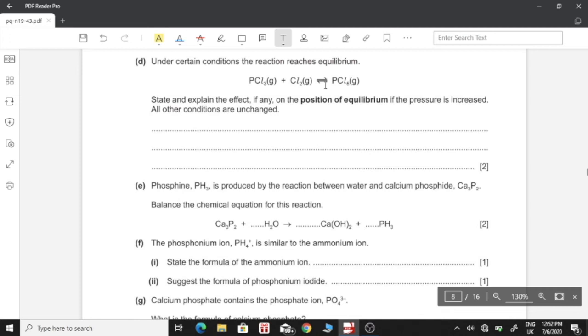Whenever we apply pressure on an equilibrium, the side with the least number of molecules is always favored, because the opposite side is going to have the most collisions. So the answer is that equilibrium shifts to the right because it has the least number of molecules on its side.